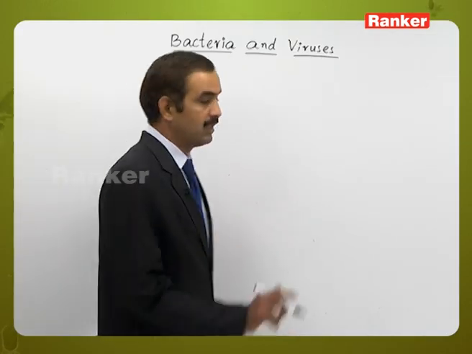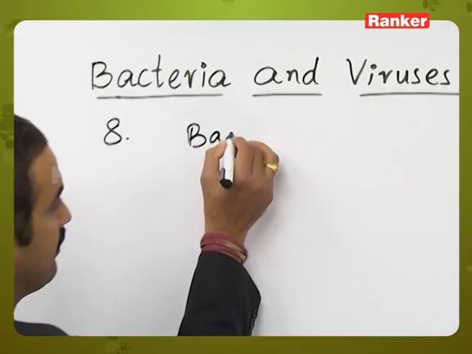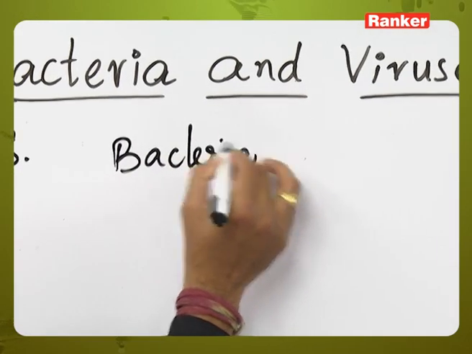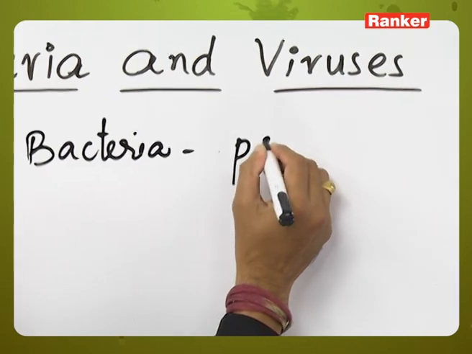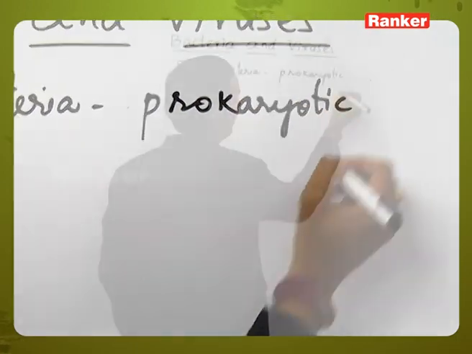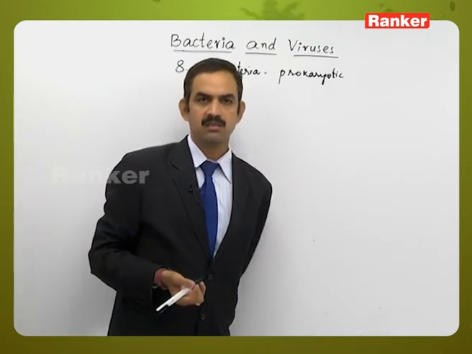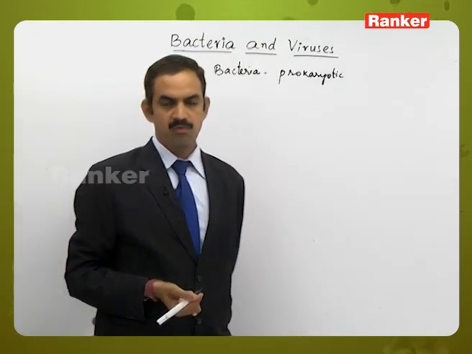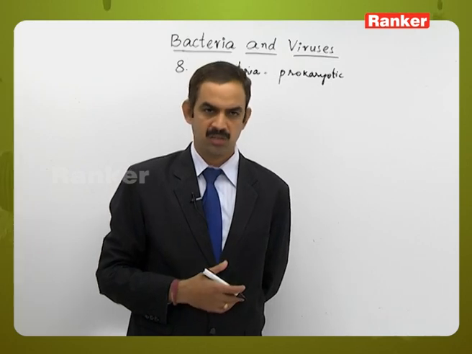So here, bacteria are prokaryotic organisms. That means they lack mitochondria, which is considered to be the respiratory structure.